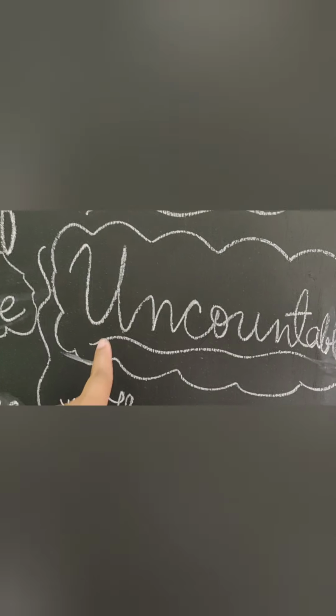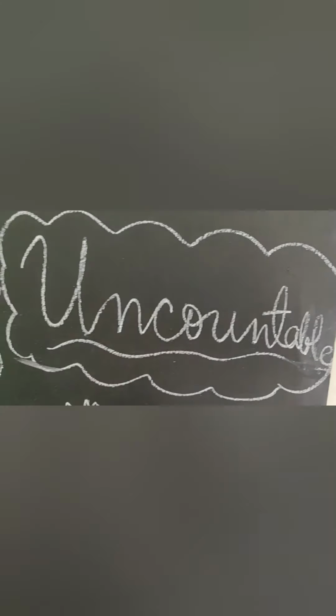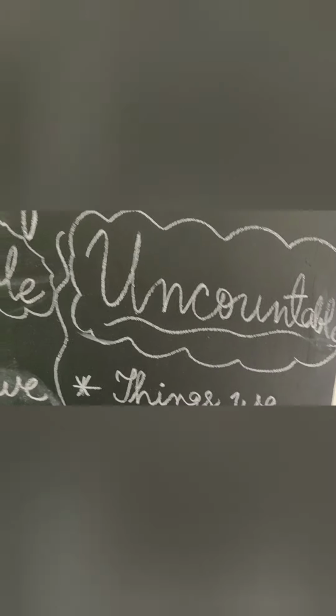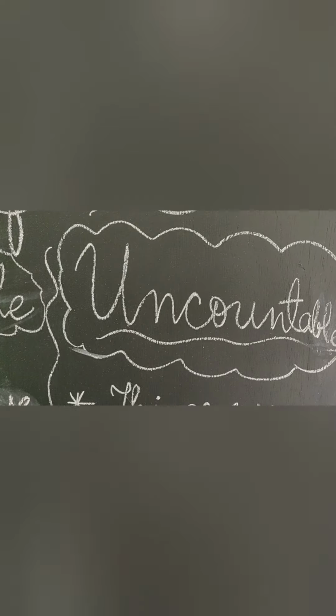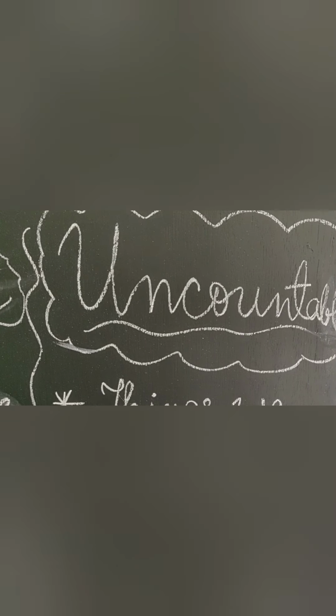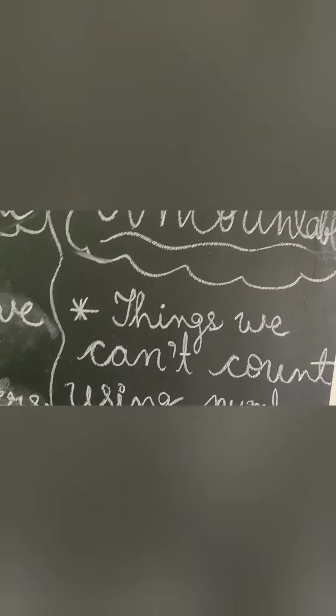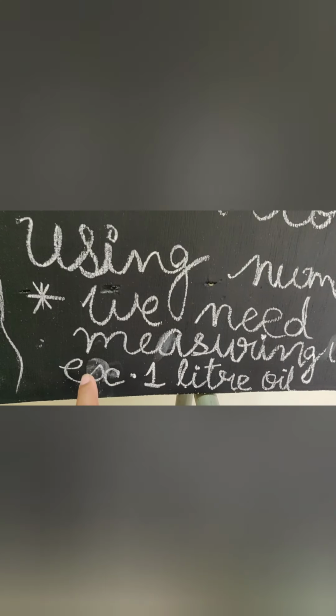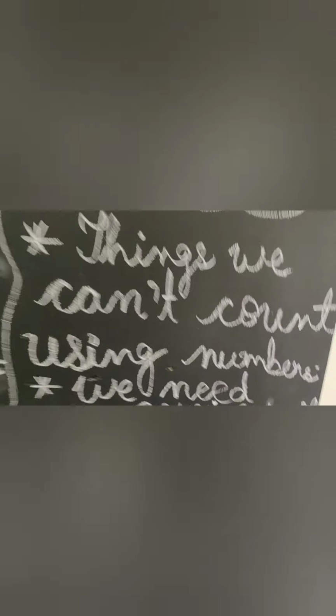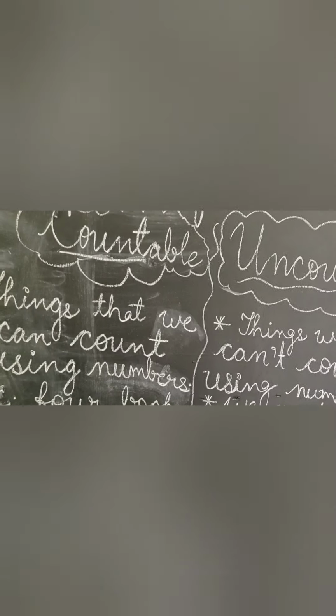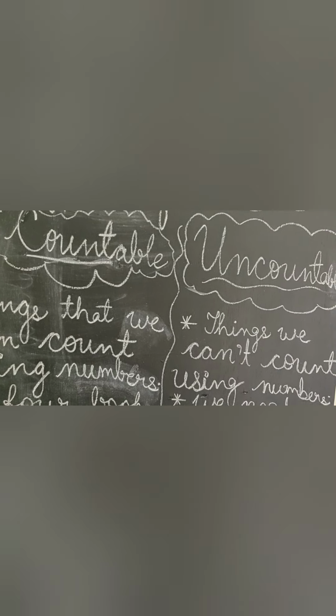And uncountable, un means not. So not countable. We are not able to count them in numbers. Things we can't count using numbers are uncountable nouns. We need measuring units or other measuring words like some container, some utensils for them. Example, 1 liter oil.